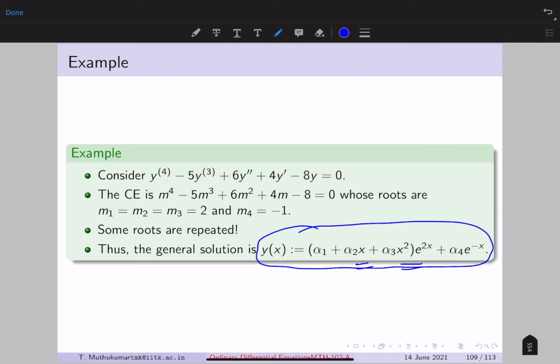Okay, so this is how you do it for any situation where you have repeated real roots. So I have shown you different order ODEs and different types of repeatedness, repeating twice, repeating thrice, and so on. So this is the idea that you employ for any general situation.